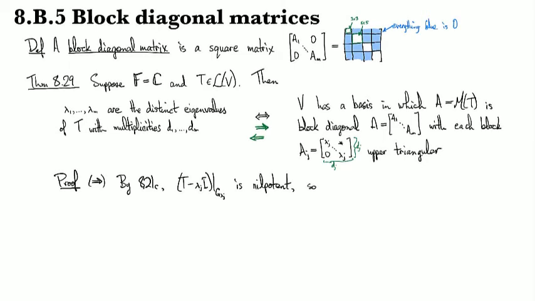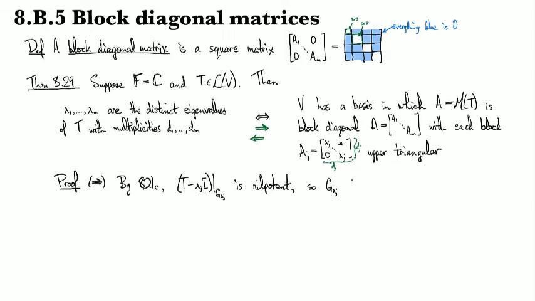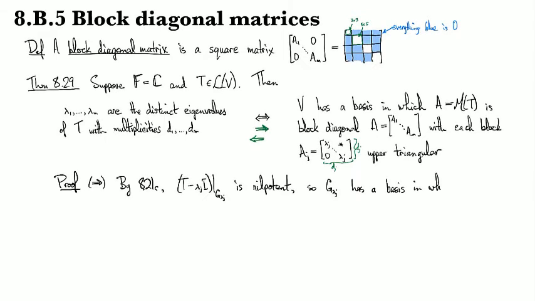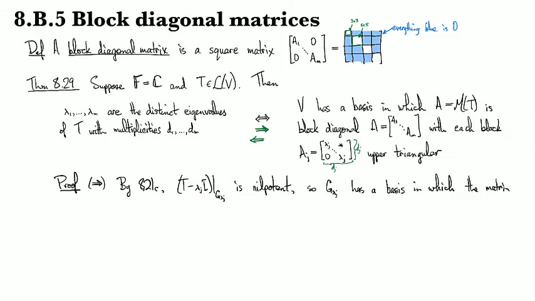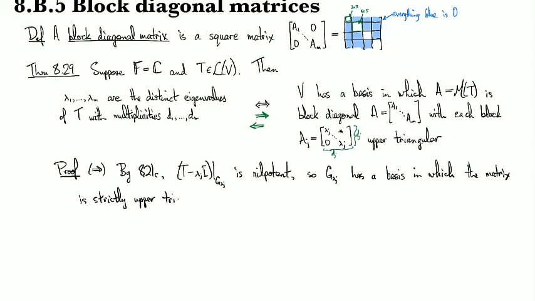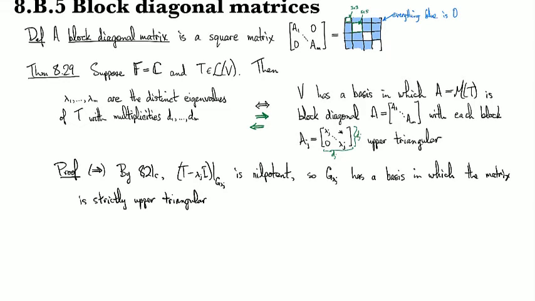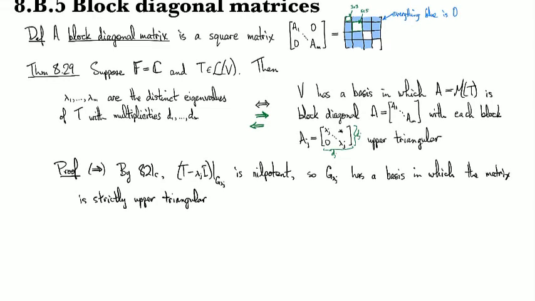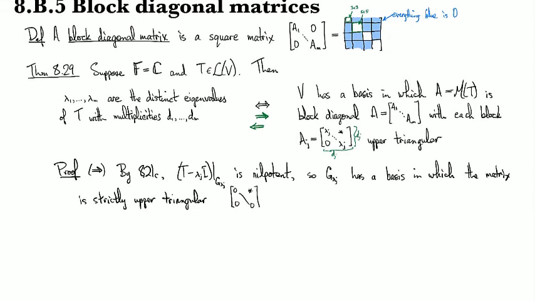So that means this generalized eigenspace has a basis in which the matrix is strictly upper triangular. I forgot what number this one is, but it's the last one in section 8A, and it looks something like 0 down the diagonal, and then star up here.